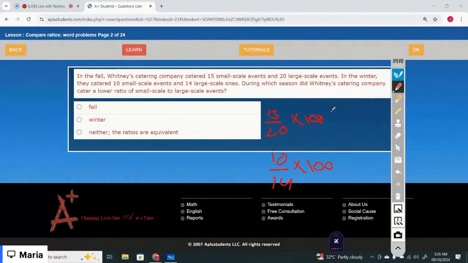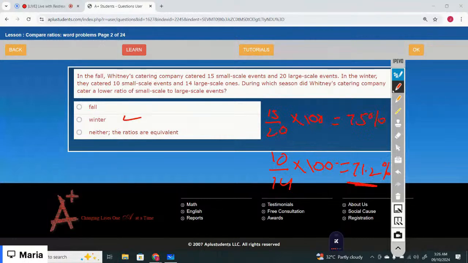So when you convert them into percentage form, that is 75% and that is 71 point something, I think. So that's the one we just did in the tutorial, right? So whichever has the lower ratio, that means the second one. The winter one has the lower ratio.